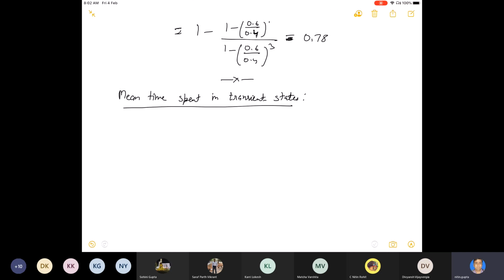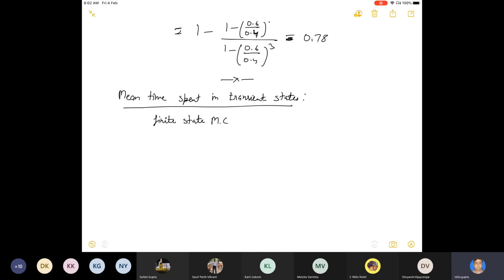So we have a finite state Markov chain. Let us say some states are there. Because it is a finite state chain, some states will be recurrent, at least one state will be recurrent.